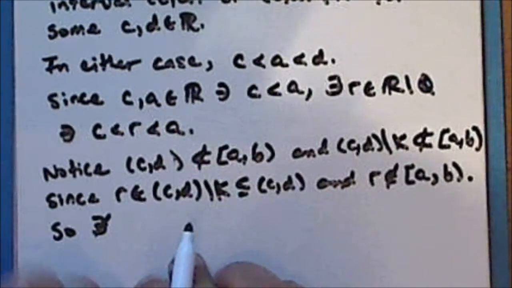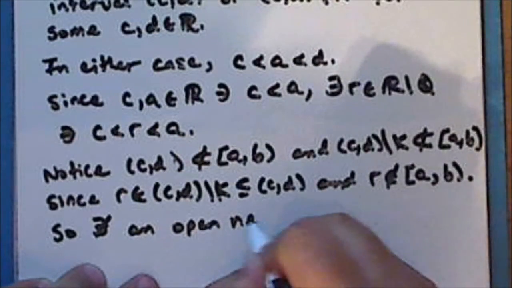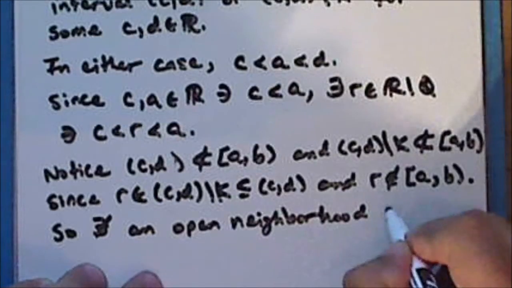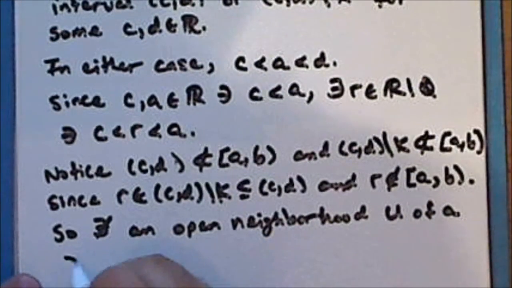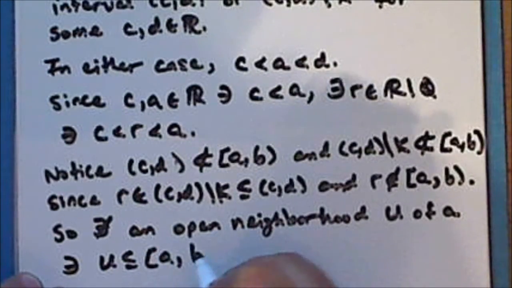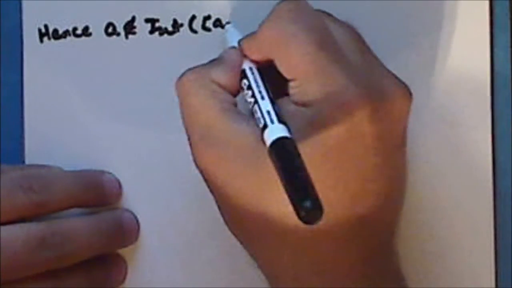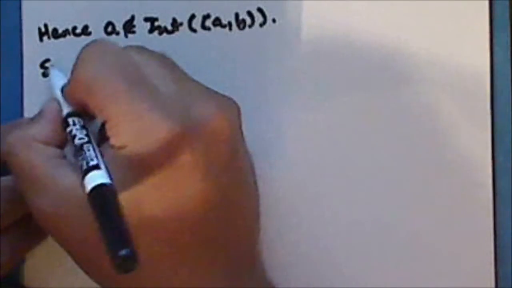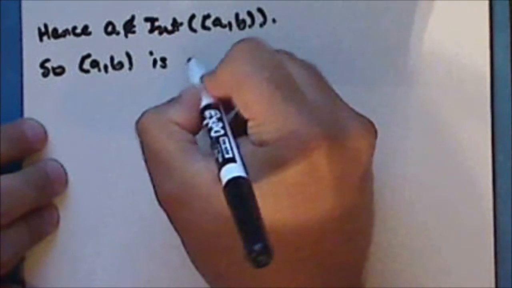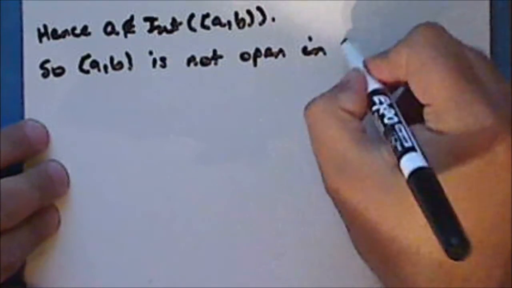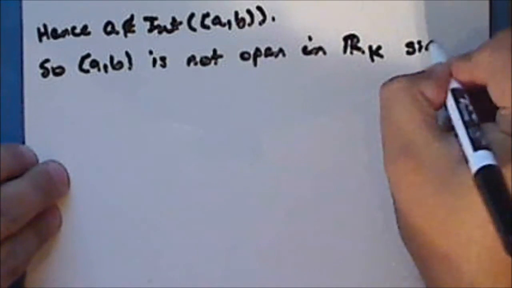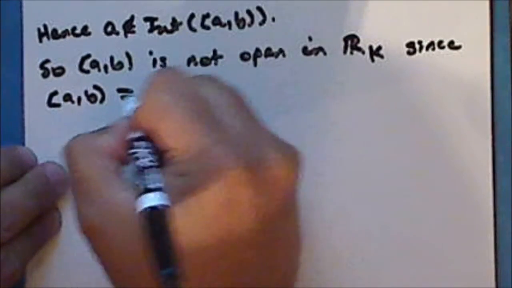and so there does not exist an open neighborhood U of the point A such that U is contained in the half open interval from A to B, and hence the point A is not in the interior of the half open interval from A to B, and so the half open interval from A to B is not open in the space of reals with the K topology, since the half open interval from A to B is not equal to its interior.